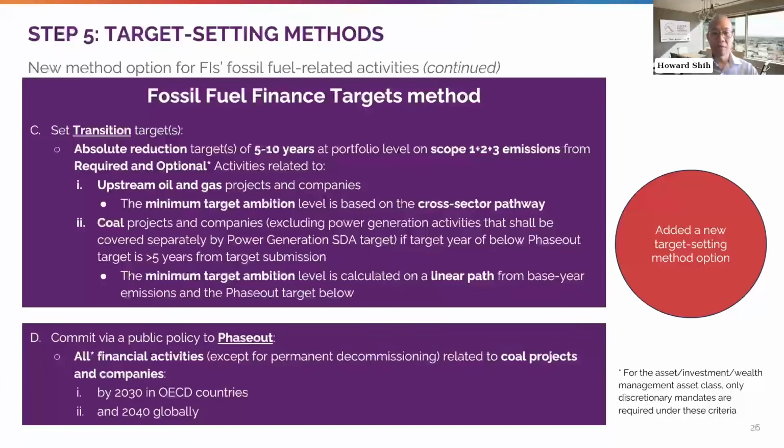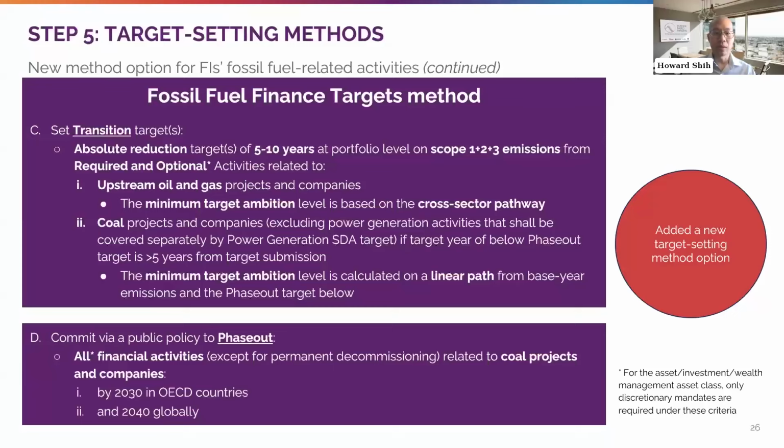So on the phase-out target here, FIs again will need to publish a policy prior to target submission that commits to phase out all financial activities related to coal projects and companies by the end of 2030 for those operating in OECD countries, and then by the end of 2040 for all coal projects and companies, unless they are for decommissioning purposes.